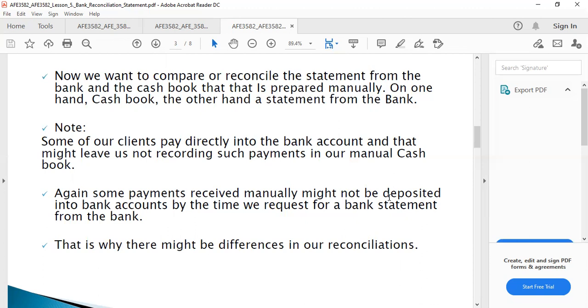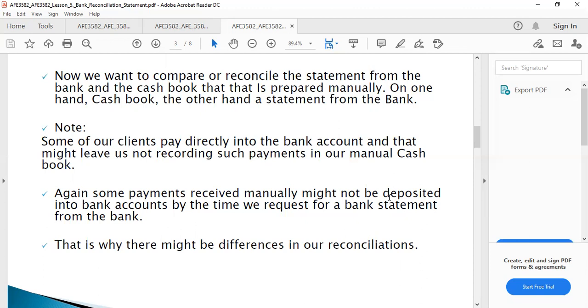But by the time you got your bank statement on the 31st, Game, your creditor, did not go to the bank and cash out that check. So the bank still does not know whether you gave out a check, and therefore that amount will not appear on your bank statement.